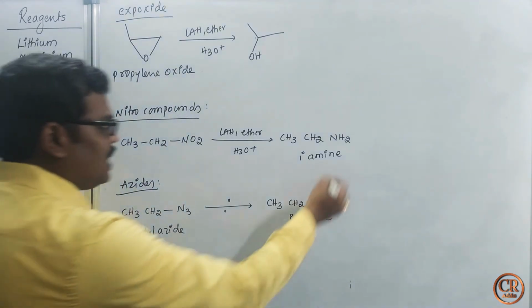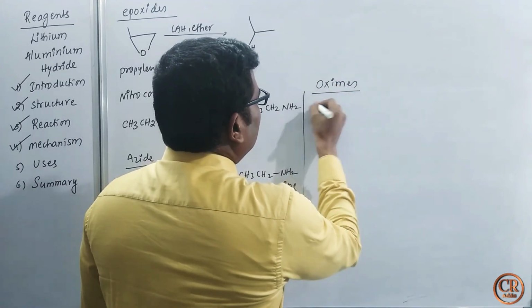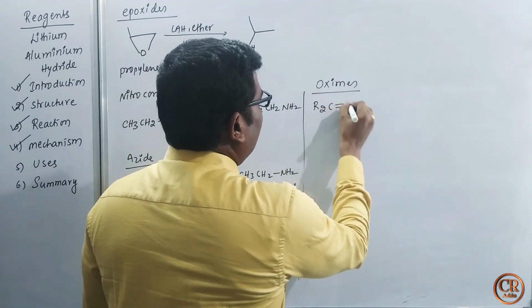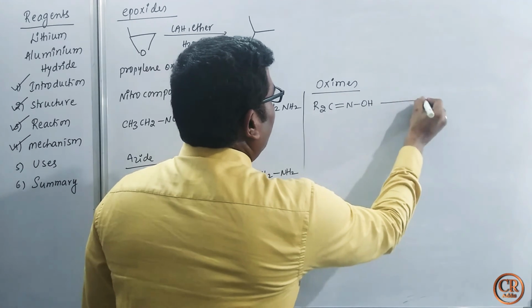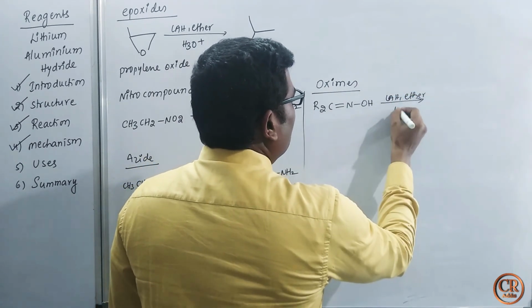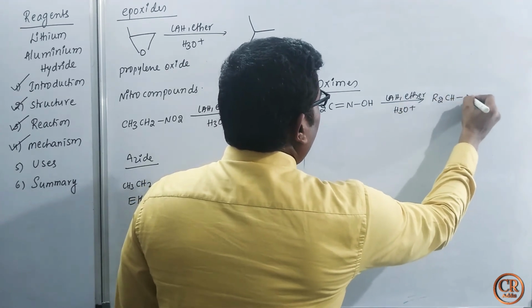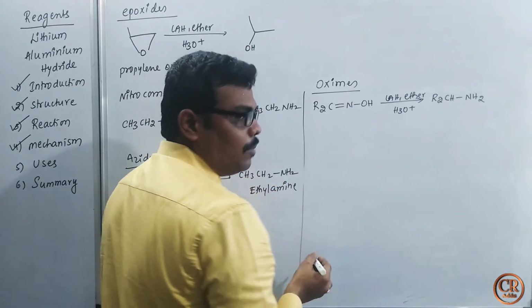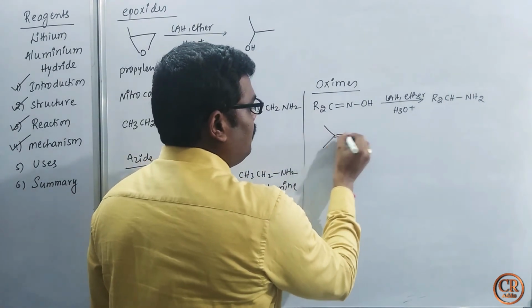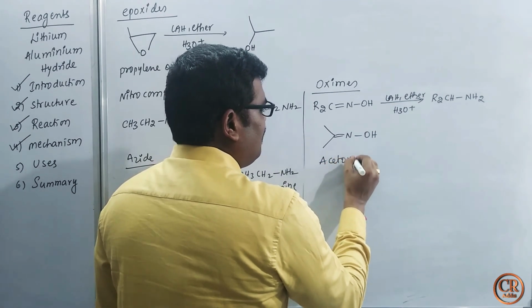Next, its reaction with oximes. Oximes general formula R2C double bond NOH. When it reacts with lithium aluminum hydride in ether followed by acid hydrolysis gives R2CHNH2. This is amine. Now if we take one example, name of this one is acetoxime.